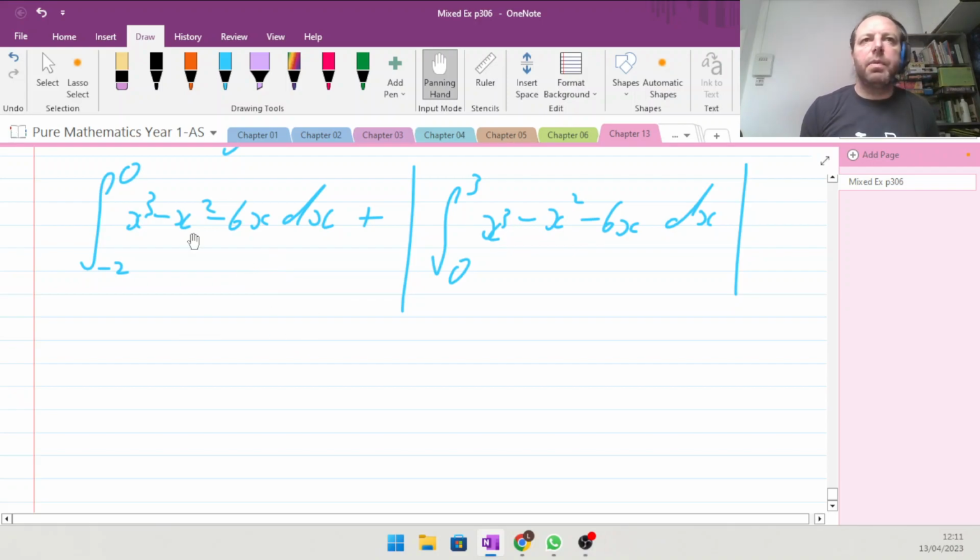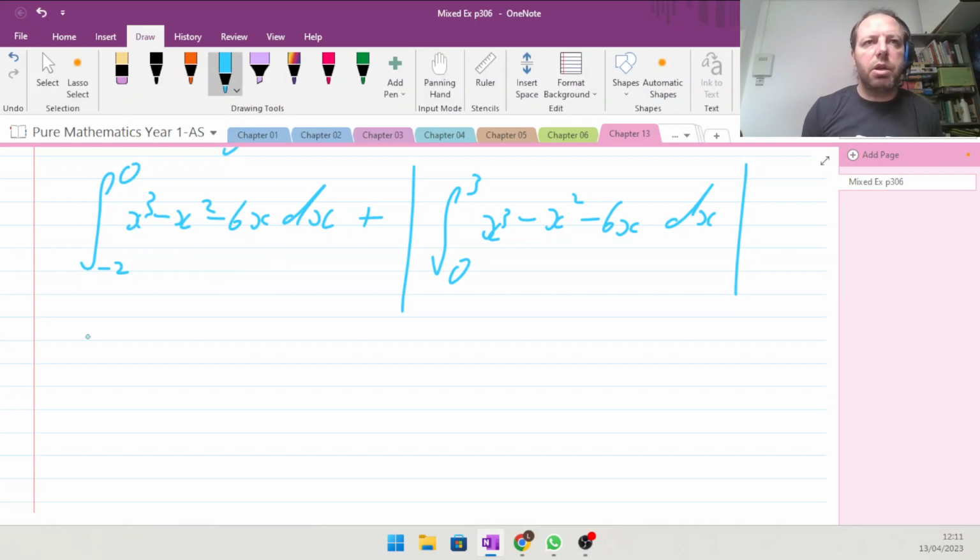It's 7 marks. Okay, so something like this. Do the integral 0 to minus 2. No, I don't want to write it like that, I want to do it straight into the box.